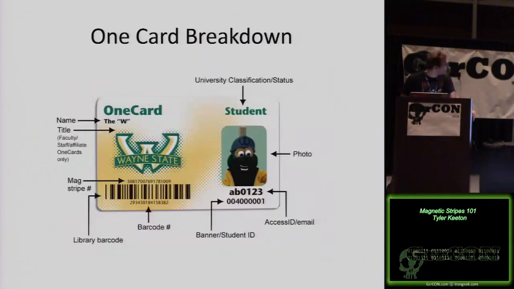So here we have a 1-card breakdown. We have student ID, photo, email, barcode, name, title. Title's interesting, so it will say like staff or professor or something like that. So you might immediately know right off the bat that that card has more access than yours. And then we have magstripe number.